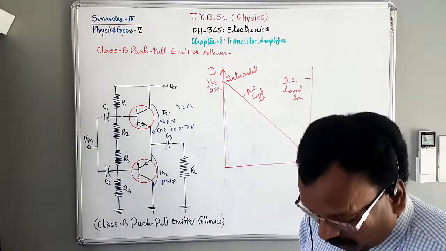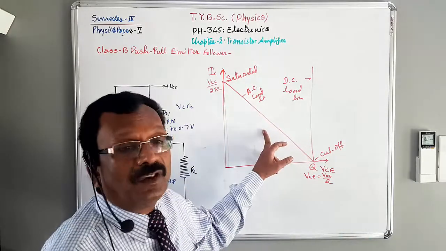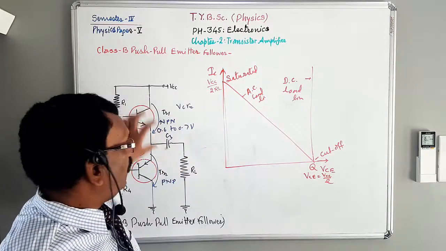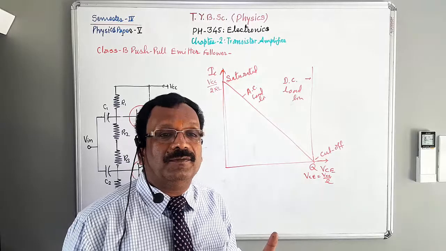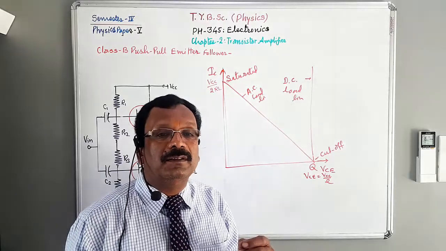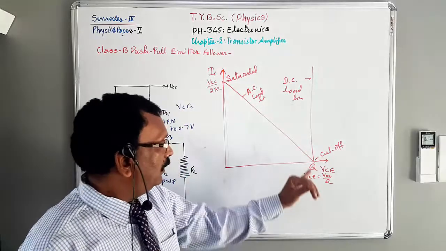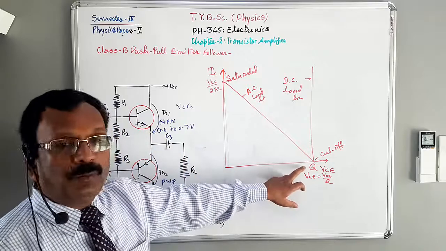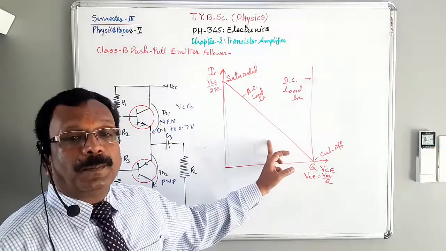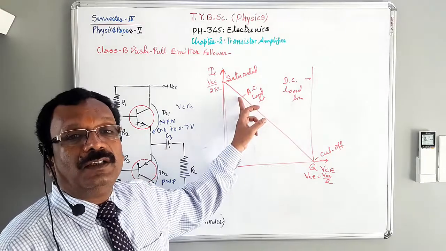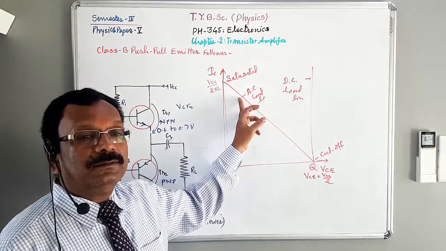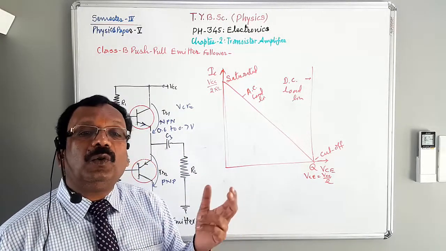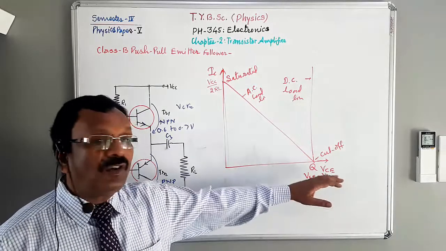The DC load line is not important, but the AC load line is important. When either transistor, this or this, is conducting, its operating point moves up along the AC load line, and the voltage swing of the conducting transistor can go all the way from cutoff to saturation.